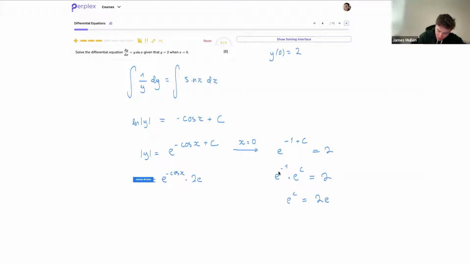And this is the absolute value of y, so I can say that y is going to be equal to plus or minus 2e to the negative cos x, and now I can bring the e back in, right? I'm going to have 2e to the power of 1 minus cos of x, okay? And that is my final answer.